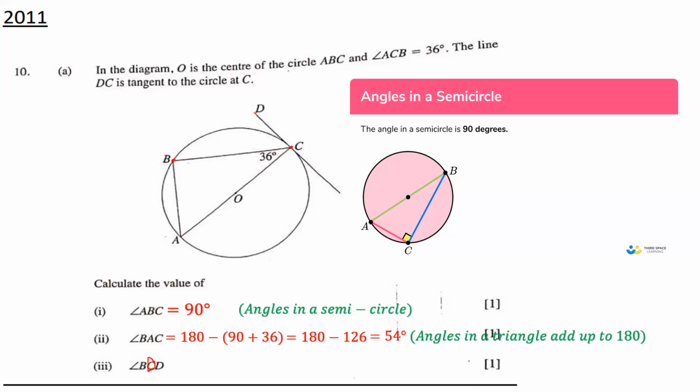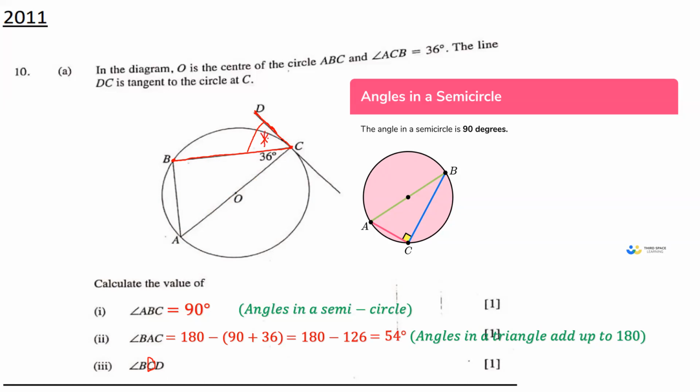So angle BCD. We're gonna move from B to C, and then we're gonna move from C to D. All right, so we're looking at this particular angle because the one that's in the middle is C. And so that's the angle that we're looking at.